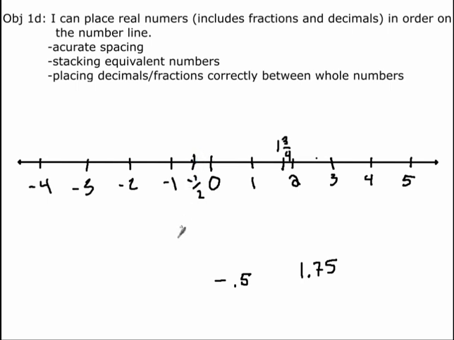So if I have -1/2 above, -0.5 would go right underneath it. And here I'm showing 1 3/4, which in decimal form would be this. So that means I'd have to put it right above it. So that's what we mean by stacking equivalent numbers.